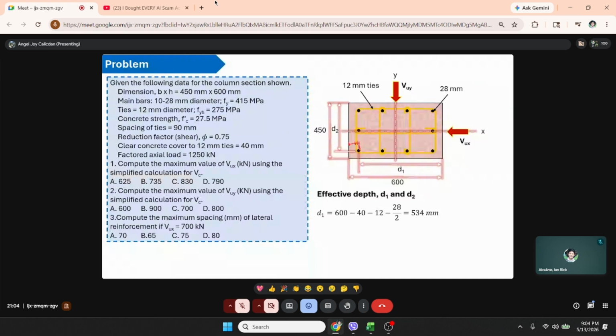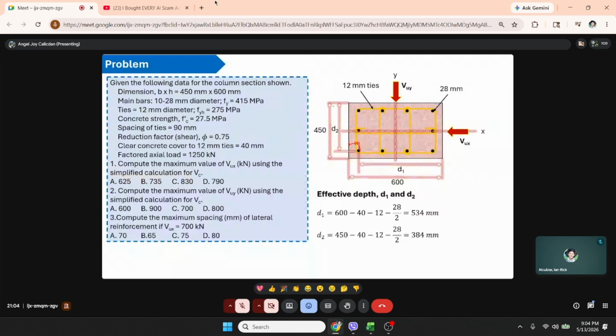So 600 minus clear cover of 40, minus tie diameter of 12, minus half of the main diameter of 28 equals 534.